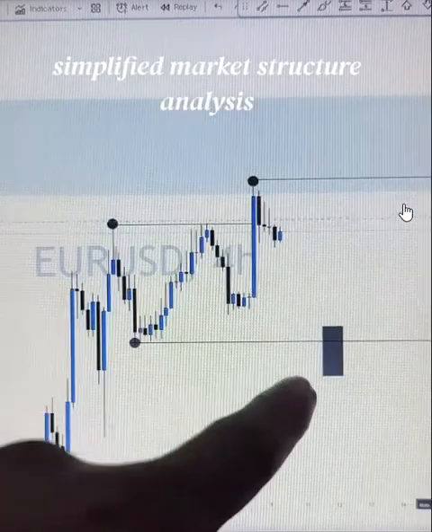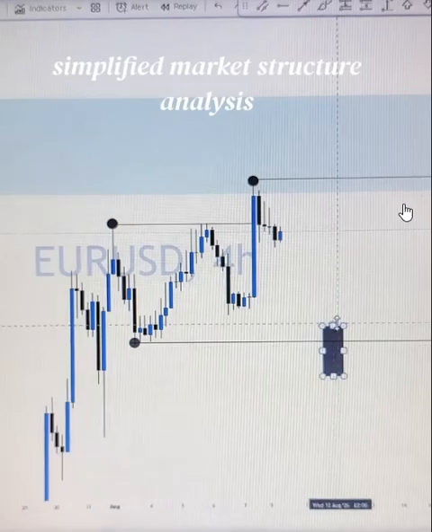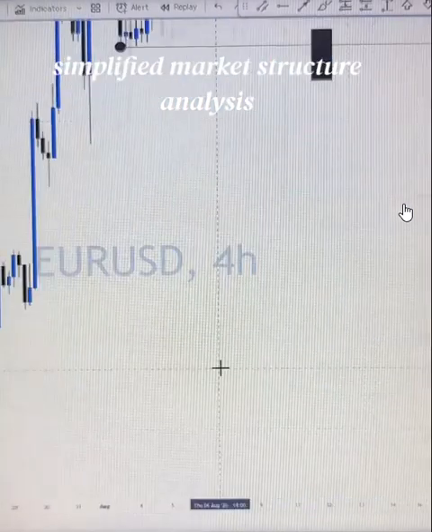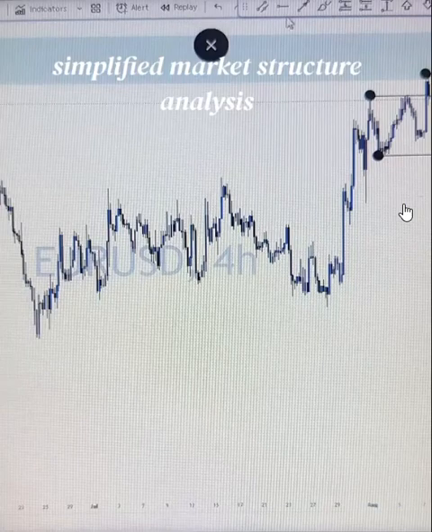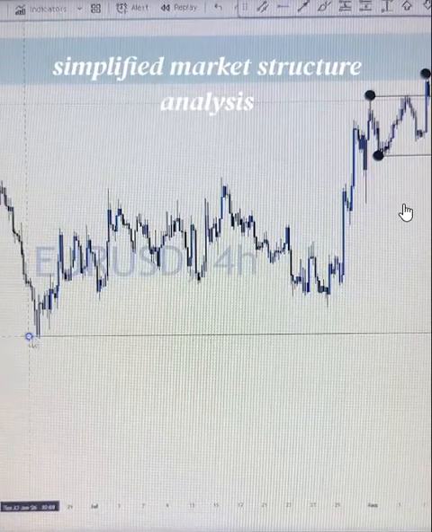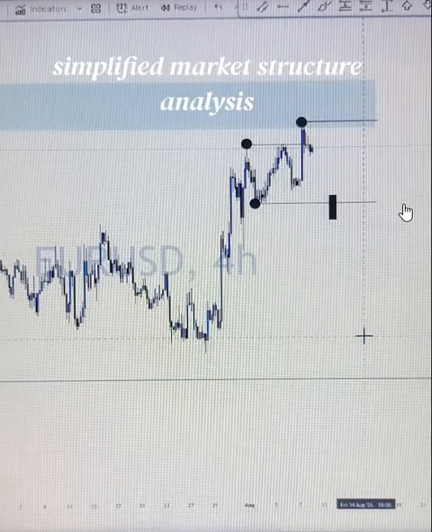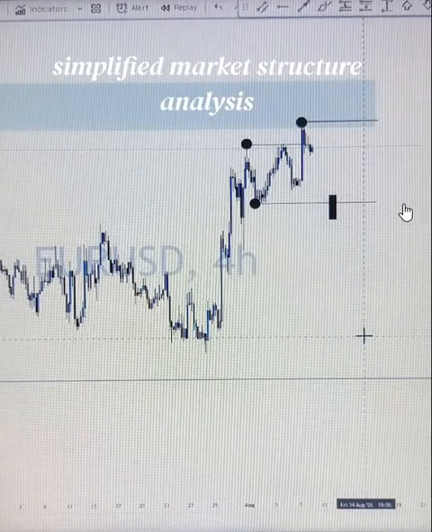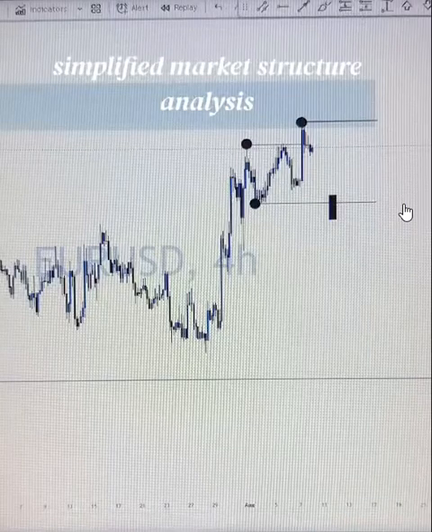If this market closes below this low here, it's a sign that the price is ready to go down to the whole of this low right here. The minute we get a sell formation here, that is a sign that this market is ready to go down.